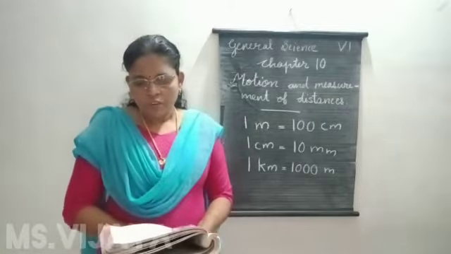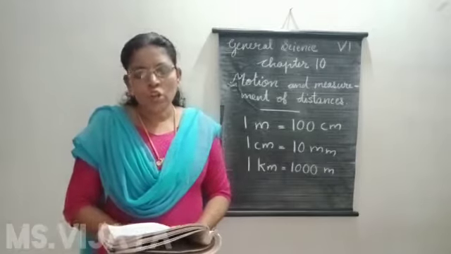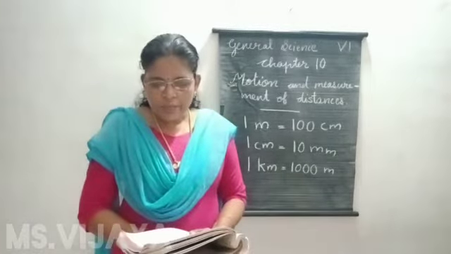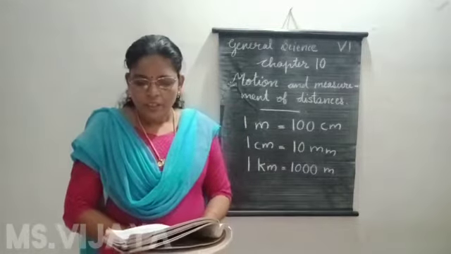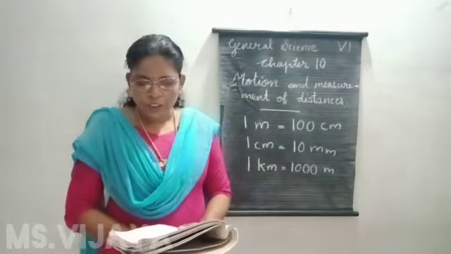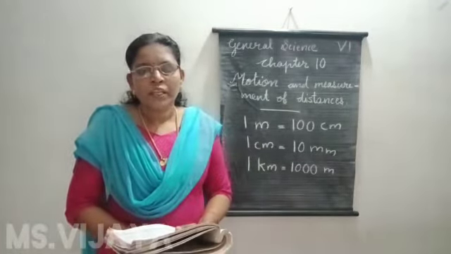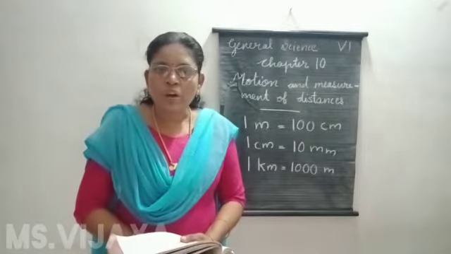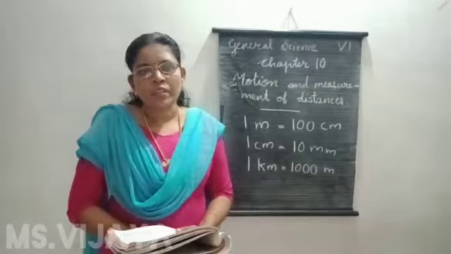So, for the sake of uniformity, scientists all over the world have accepted a set of standard units of measurement. The system of units we now use is known as the International System of Units, or SI units.